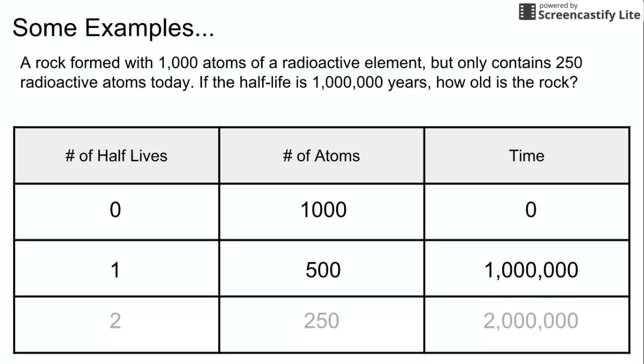Now, do it one more time. 500 divided by 2 is 250, which is how much it contains today, according to the question. So we want to know how old the rock is. Well, 1 million plus 1 million is equal to 2 million, and it's been 2 half-lives. So the answer would be 2 million years.